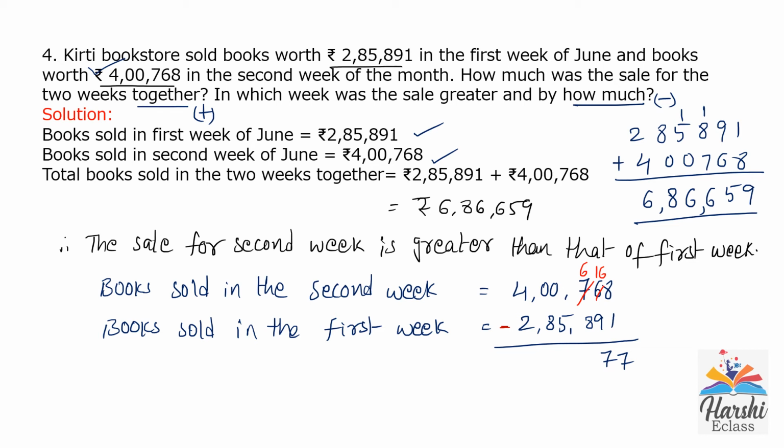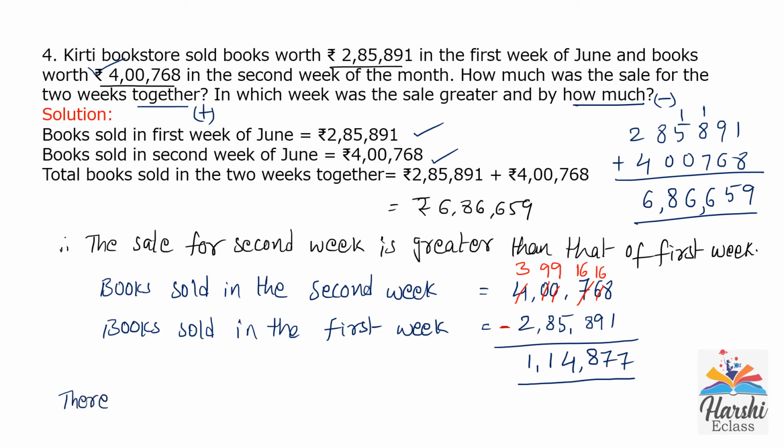So what we will do? We will start borrowing from the 4. Then 4 becomes 3, then this 0 becomes 9 and this 0 becomes 9. This 6 becomes 16. 16 minus 8 is equals to 8. 9 minus 5, 4. 9 minus 8, 1. 3 minus 2, 1. That is 1,14,877.